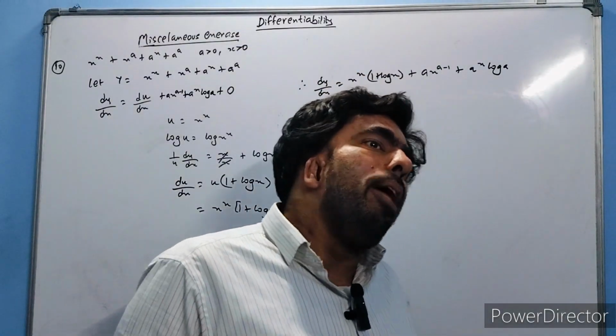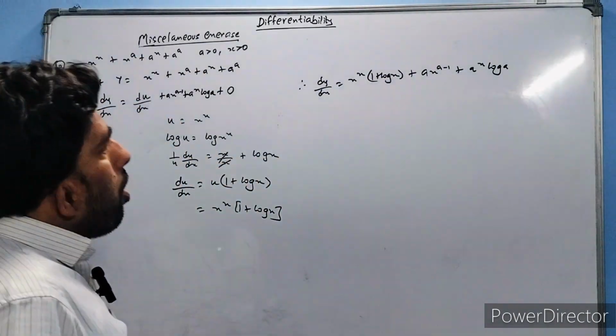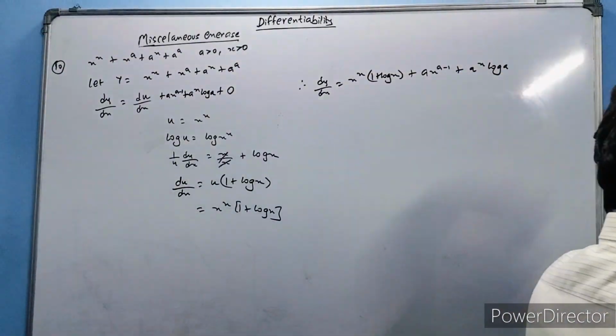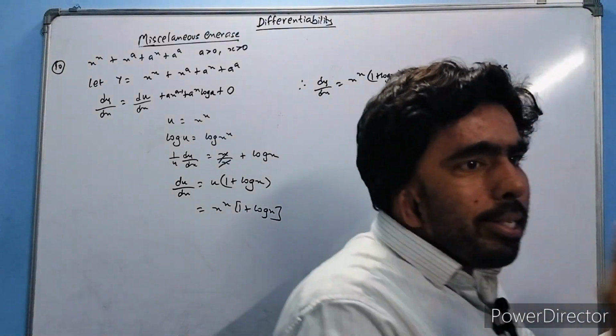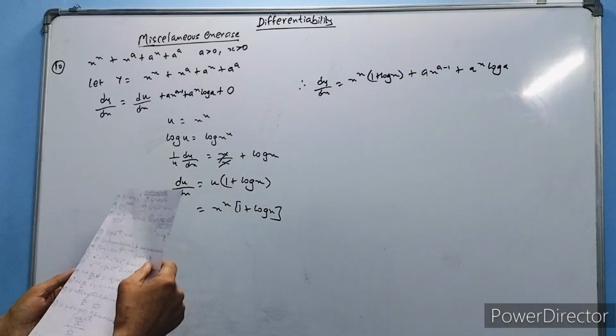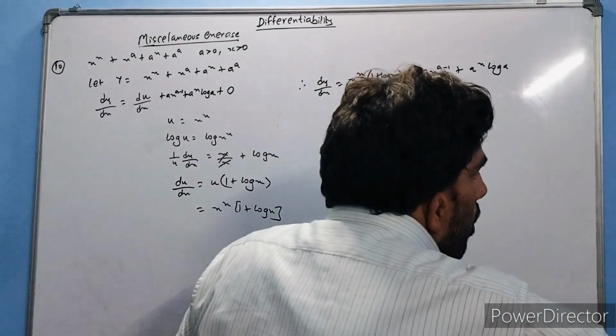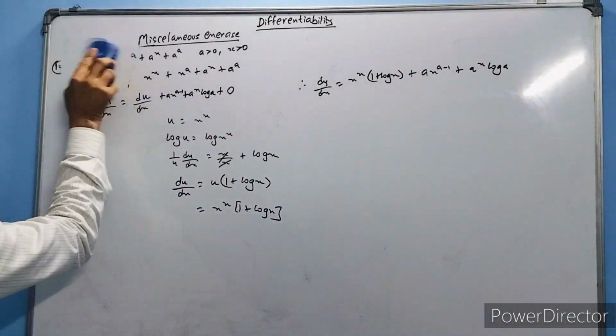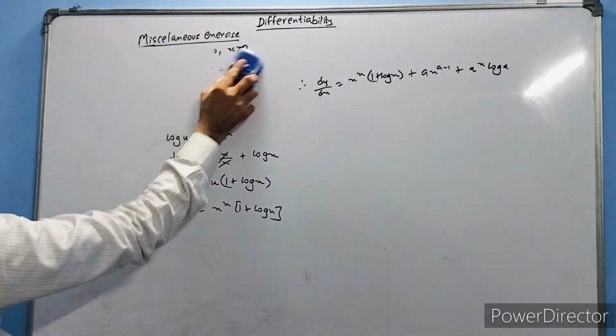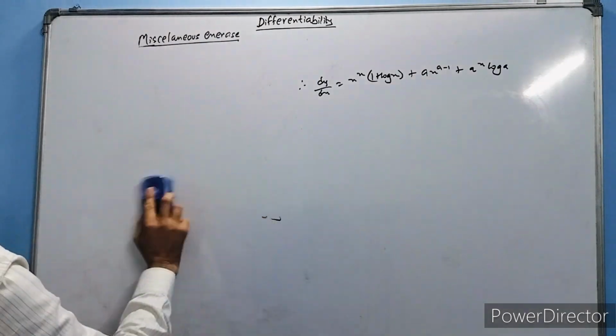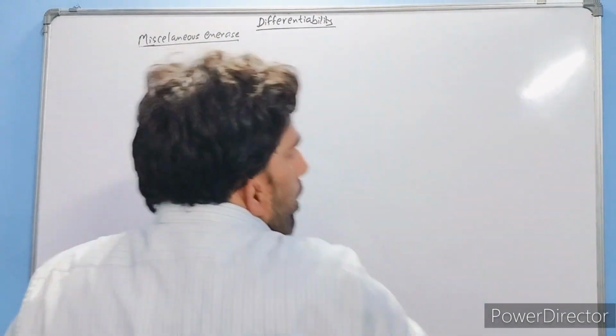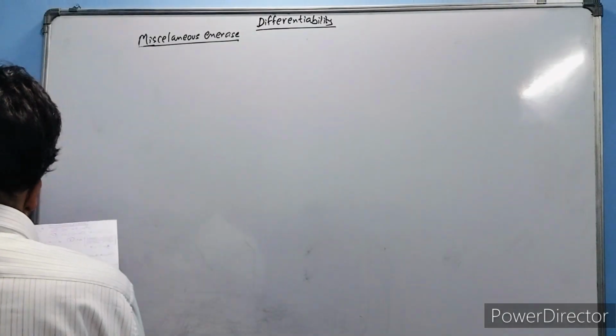Now let us try to solve more numericals given in the miscellaneous exercise. So we have just solved 10. Now let us try to solve the 11th. So what the 11th numerical says, let us see. So now we have the 11th question.